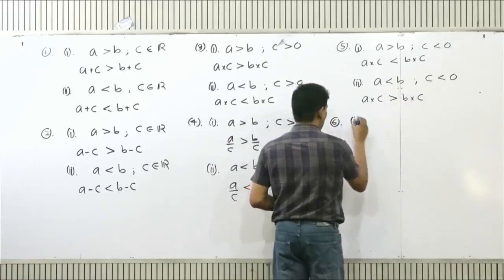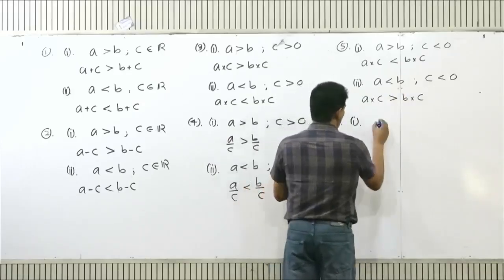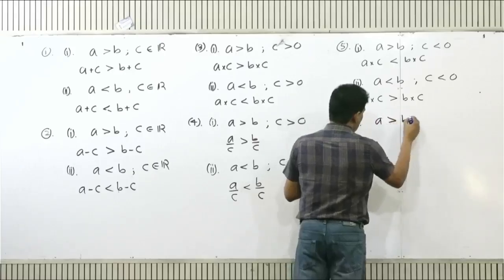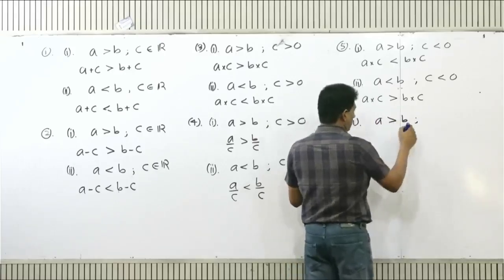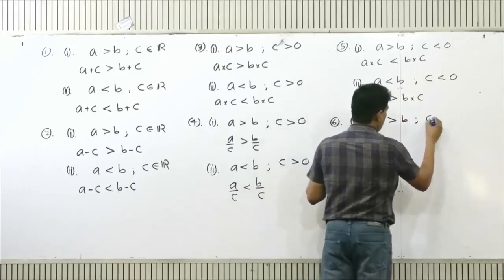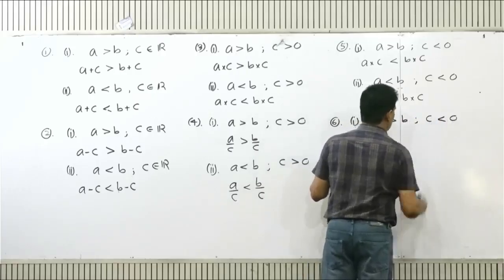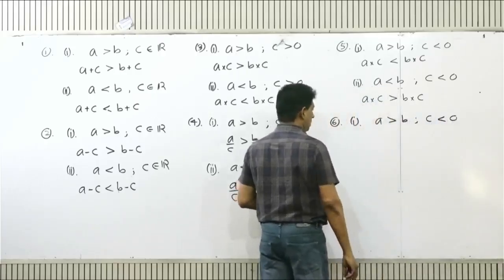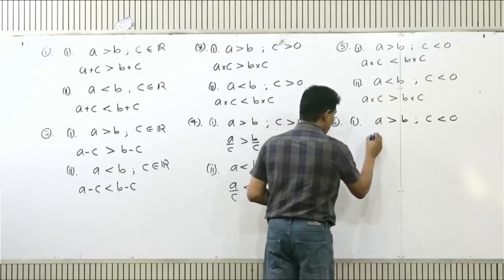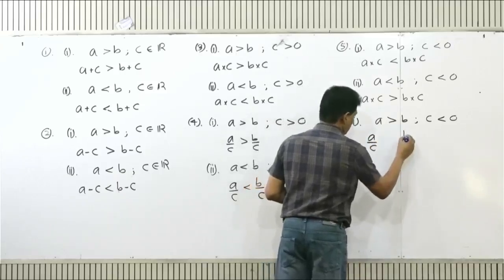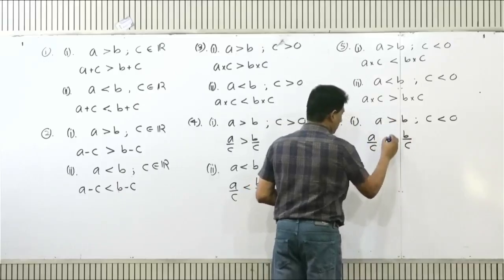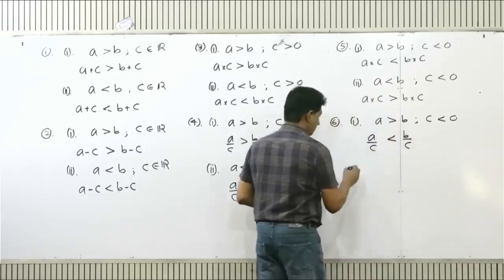Sixth one. A is greater than B and C is less than 0. Then we can divide both sides by C. Then what happened? This inequality mark reverses.